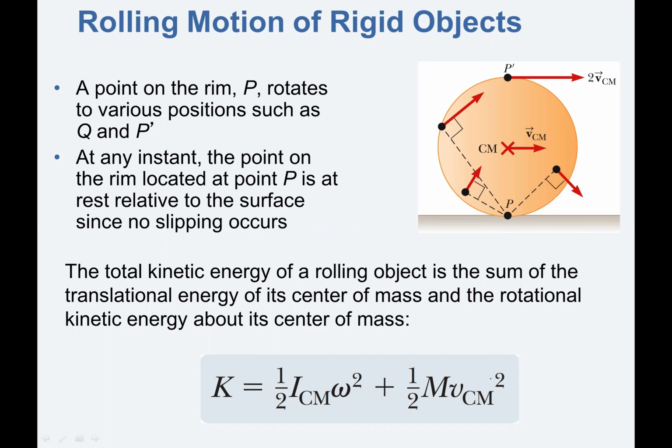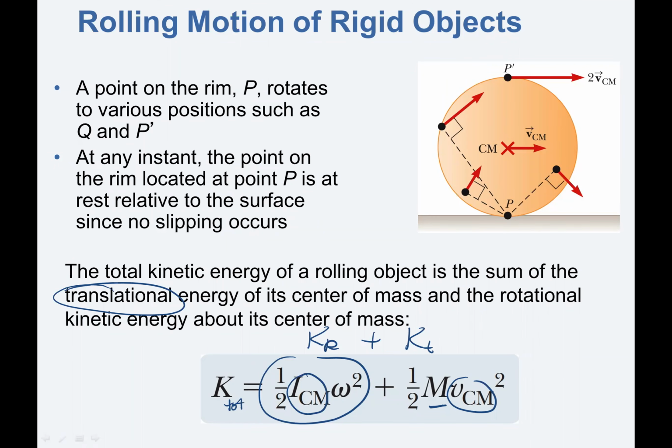As I said, this is the total kinetic energy, which is the rotational kinetic energy plus the translational. I'm not going to use linear anymore. The translational kinetic energy is one half the mass of the object times its center of mass speed squared, where the rotational is one half the moment of inertia of the object times its angular speed squared.